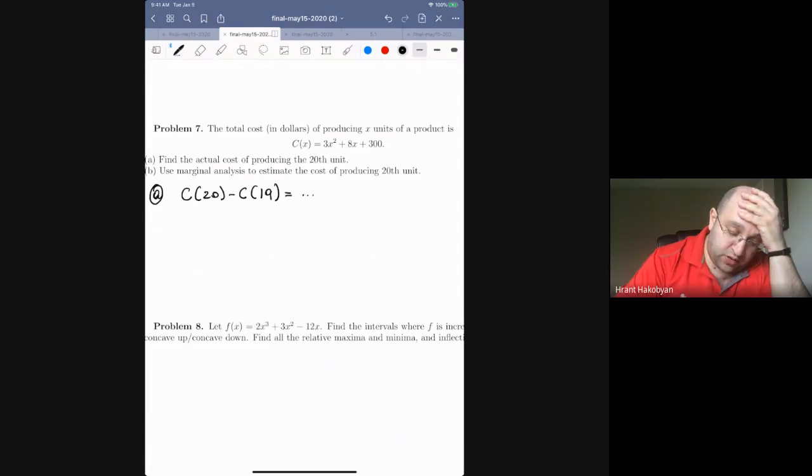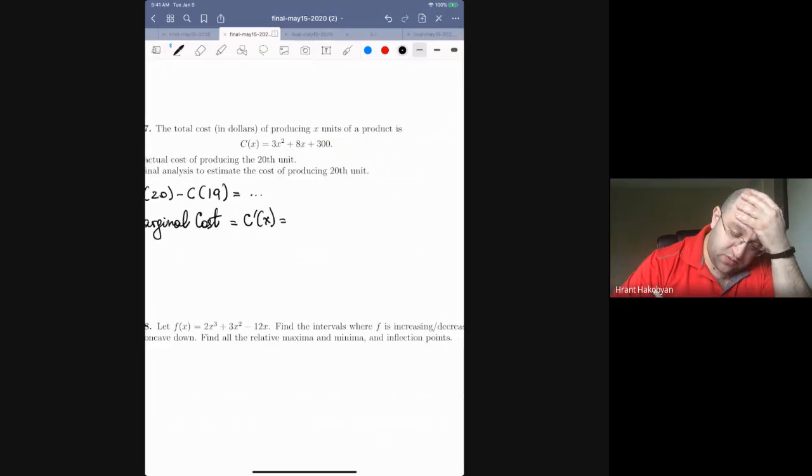And then part B is use marginal analysis to estimate the cost of producing the 20th unit. So that's the same thing as finding the marginal cost. So first let's find the marginal cost. So that's going to be C prime of x.